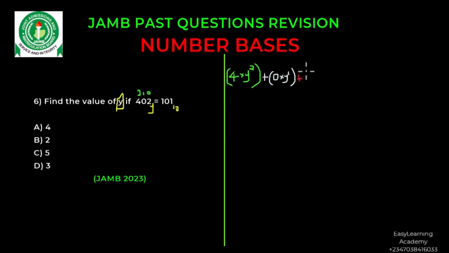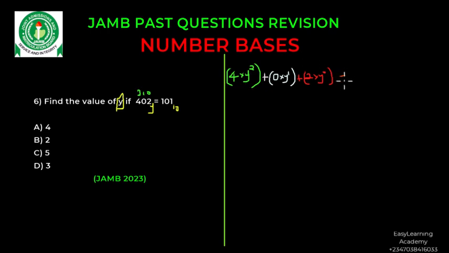So that will be 2 times y, right? What's the power? The power will be 0. So y raised to power 0. Close our bracket. Of course, everything is equal to 101 base 10.